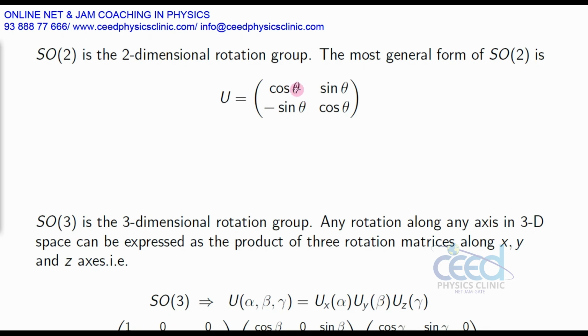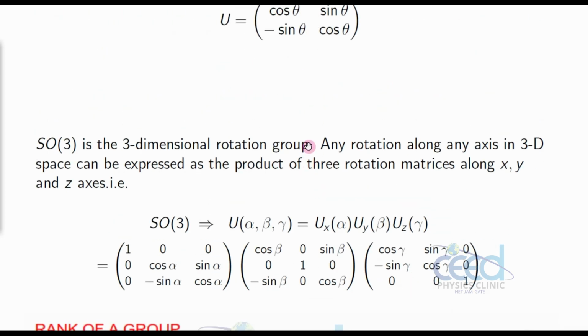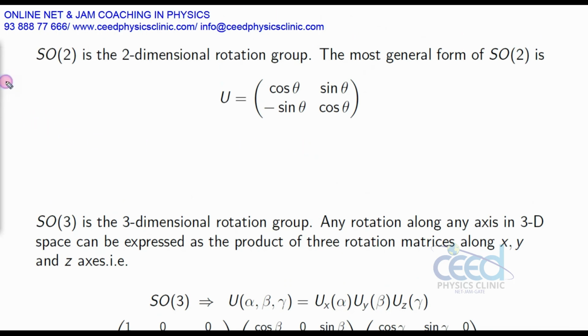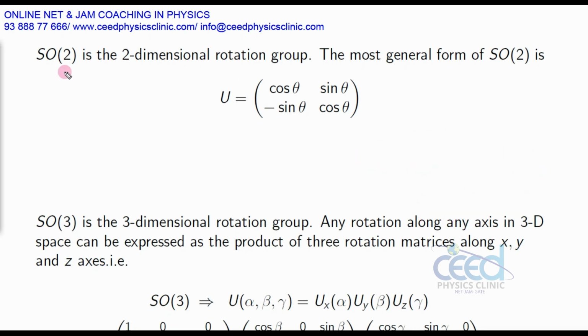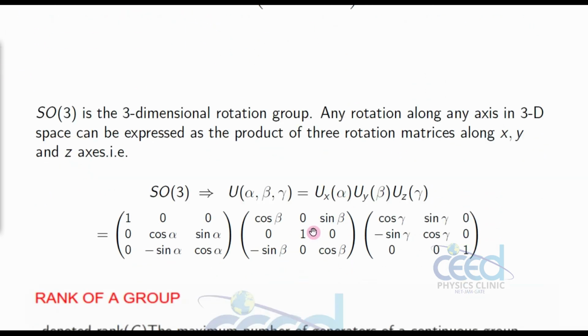Here the only parameter is theta, which determines this rotation matrix. So here the number of independent generators is 1. Using the equation n into n minus 1 divided by 2, that is 2 into 2 minus 1 by 2, that is equal to 1, where 2 is the order. So this is the equation to find the number of independent generators.